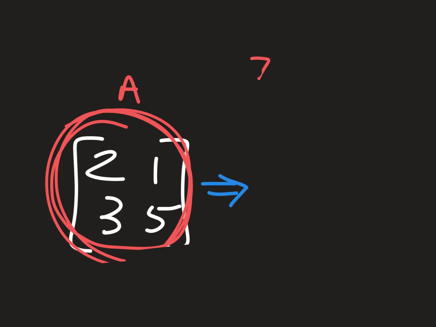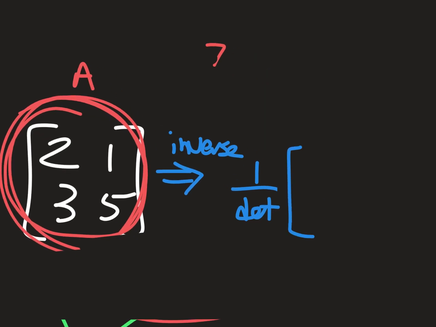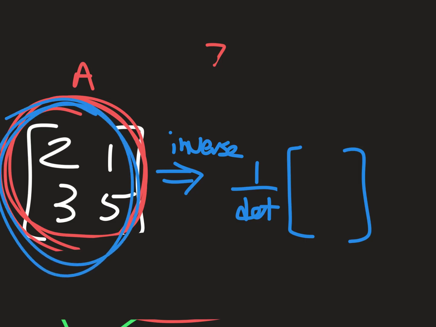I'm not going to use an equals because it's not equal to it. It changes into the inverse by doing 1 over the determinant. And then do you remember what happens to these 4 numbers? I had a snappy little way of remembering it. These 4 numbers do something. They kind of shuffle around a little bit.